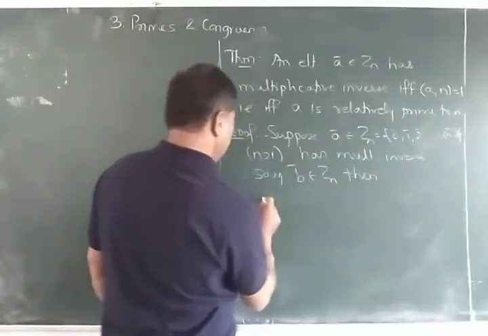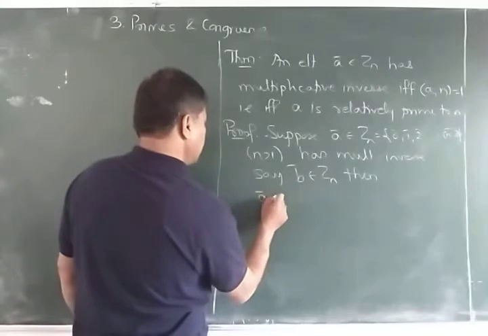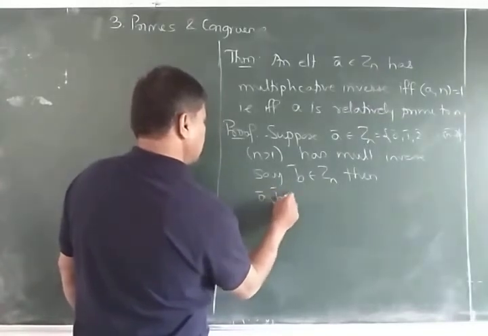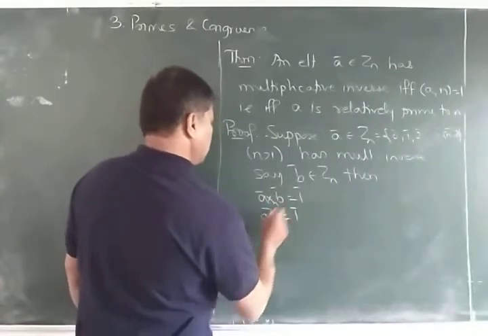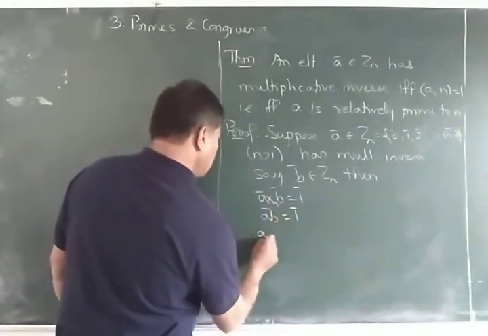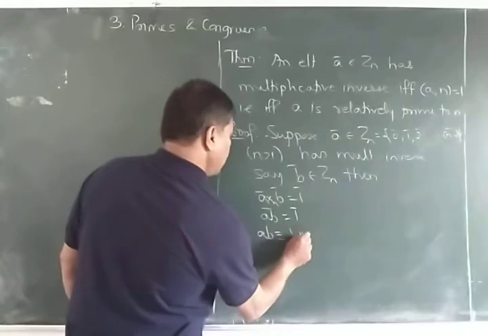Then a bar into b bar is 1 bar. Therefore, ab bar is equal to 1 bar. Therefore, ab is congruent to 1 mod n.